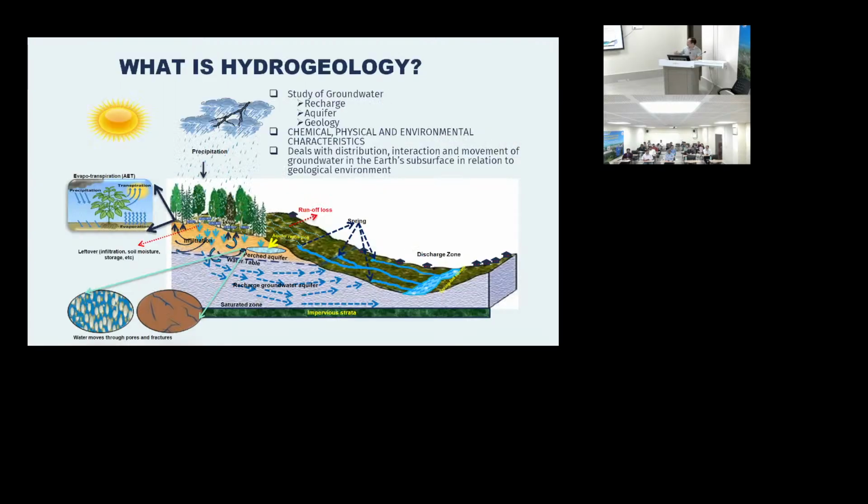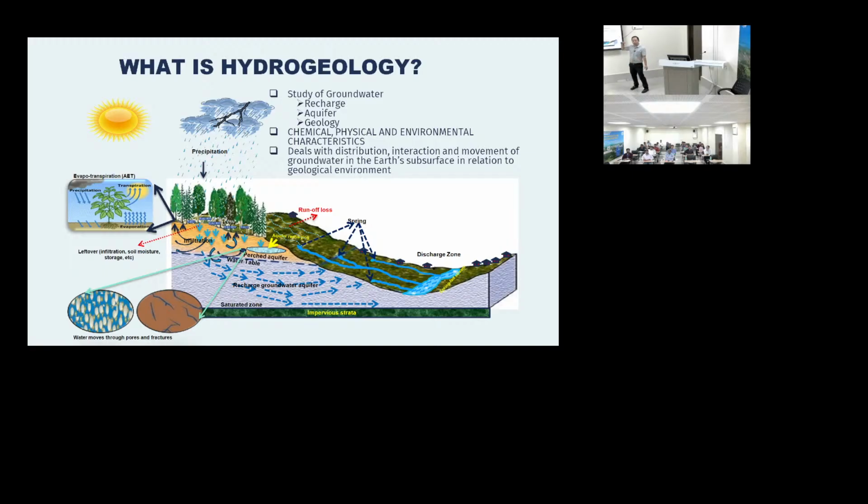So what is hydrogeology? In very simple terms, the study of groundwater is known as hydrogeology. But when we explain it in detail, it comprises how the water gets inside the subsurface, which we call recharge, how the water flows through the aquifer, the zone where the water exists, and how the water and the soil and rock interact, that is the geology.